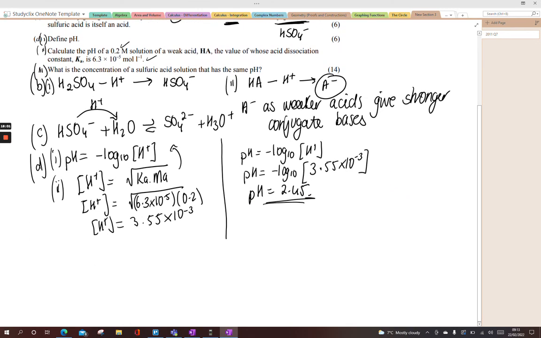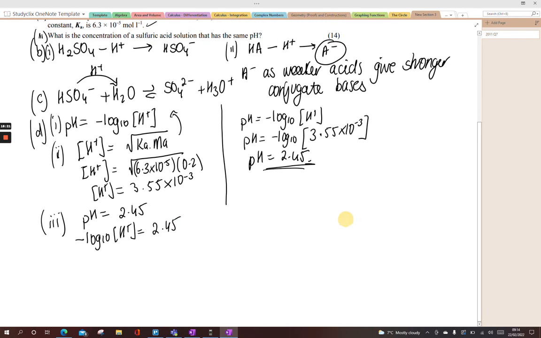What is the concentration of sulfuric acid that is the same pH? Now the pH there, we worked out to be 2.45. Substitute in the formula that we know for this. It's the negative log to the base 10 of the hydrogen ion concentration. Now things start piecing together. Bring across that minus.